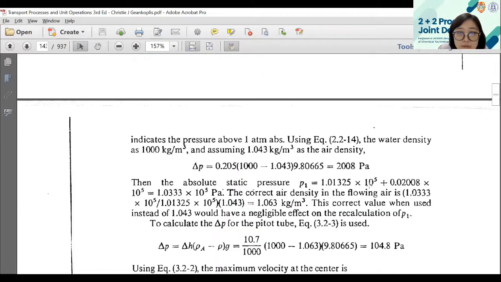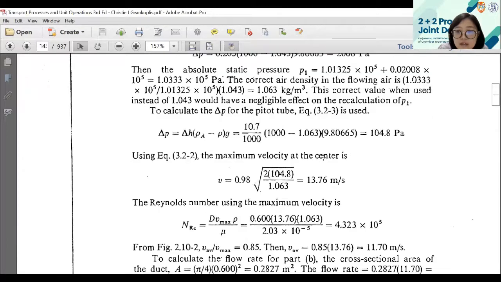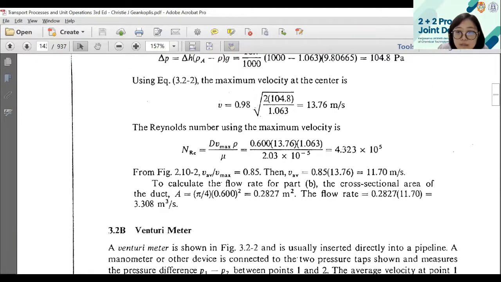Now for point B, calculate the volumetric flow rate of the flowing air in the duct. By using this 11.7 as the average, I can just directly multiply it with the cross-sectional area, and this is the volumetric flow rate, the one that is asked.